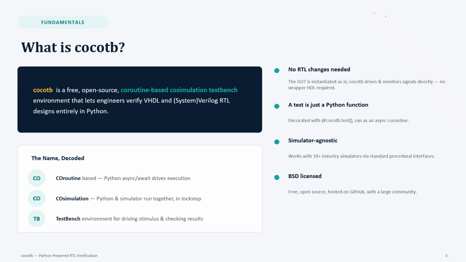Now let's see what Cocotb is. It's a free open source framework which allows us to verify RTL design entirely in Python instead of Verilog and SystemVerilog. There is a term, coroutine based. A coroutine is a special Python function which can be paused and resumed according to the timing construct used inside the Python function.